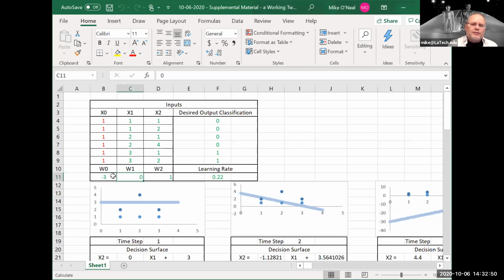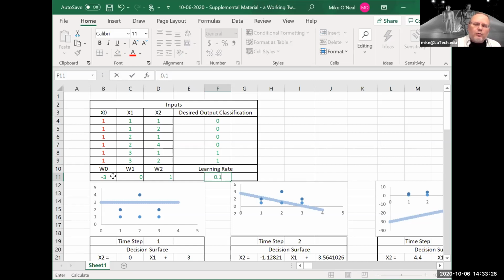We're going to keep weight 1 at 0, which means we're ignoring our x1 input and just looking at our x2. We'll keep our weight 2 at 1, right? So we'll start with exactly the same decision surface, which is a horizontal line at x2 equals 3. But I'm going to change my learning rate. Instead of being 0.22, I'm going to make it 0.1, I think is what I did in this example.